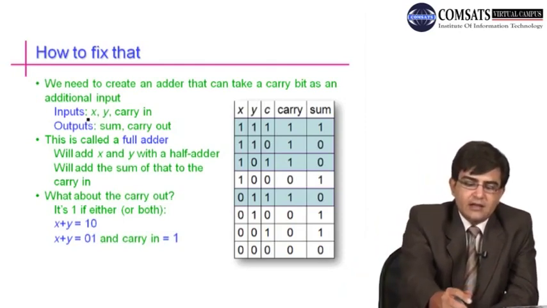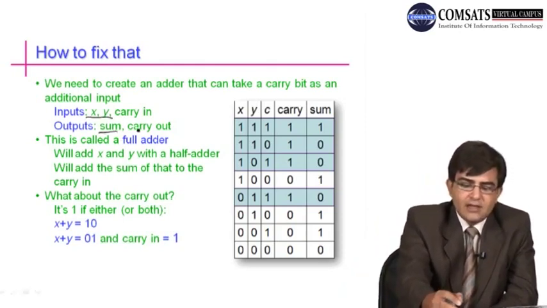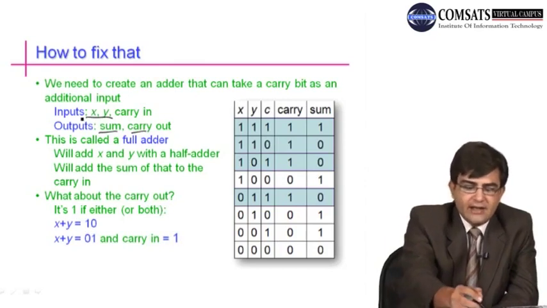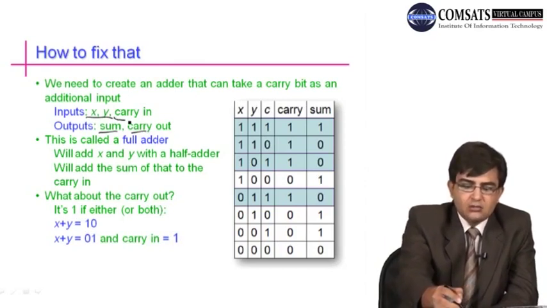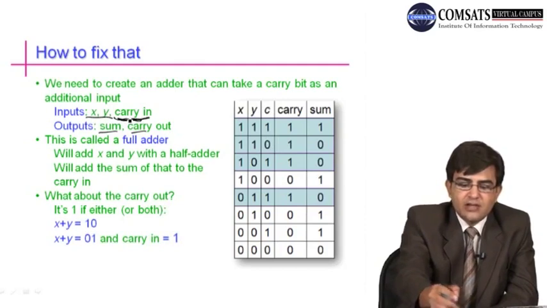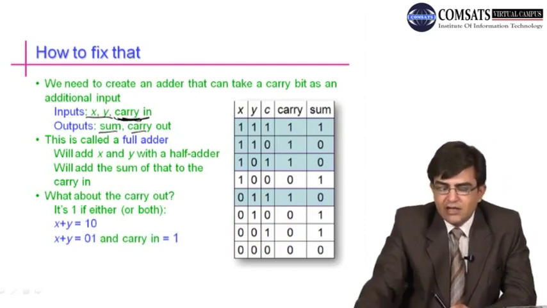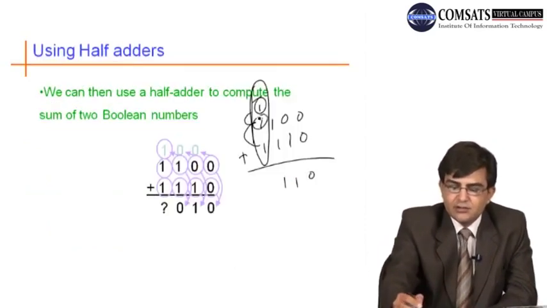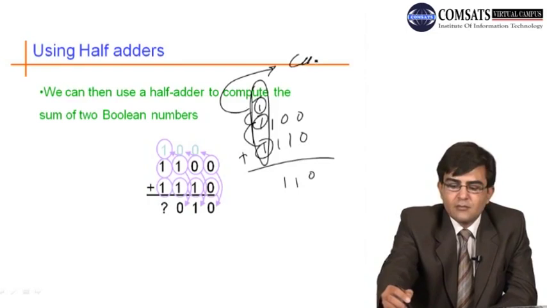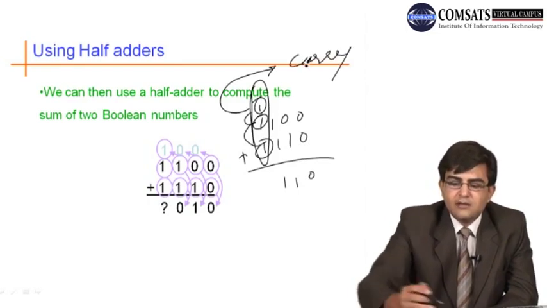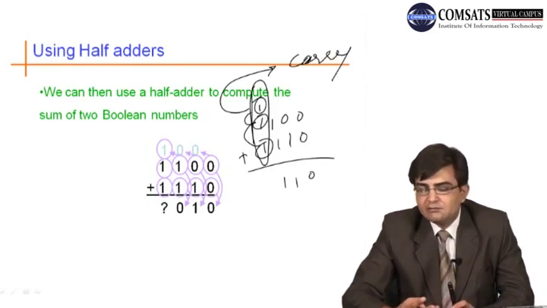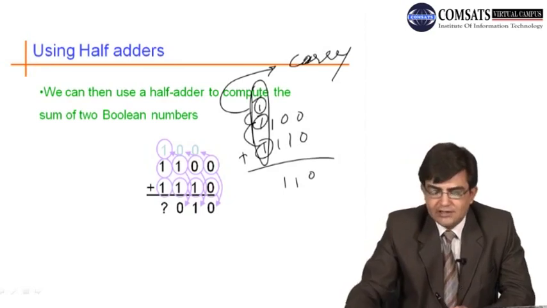The inputs are again X, Y, the output is sum and carry out, and the third input is also the carry in. This is the input, and it is added along with the carry. So when we have three single binary digits, how do we add up these numbers?